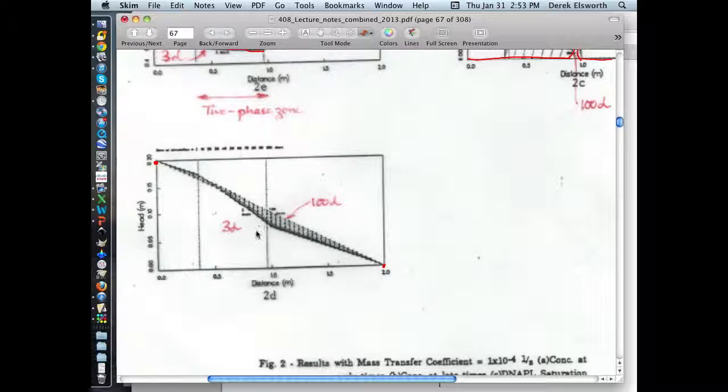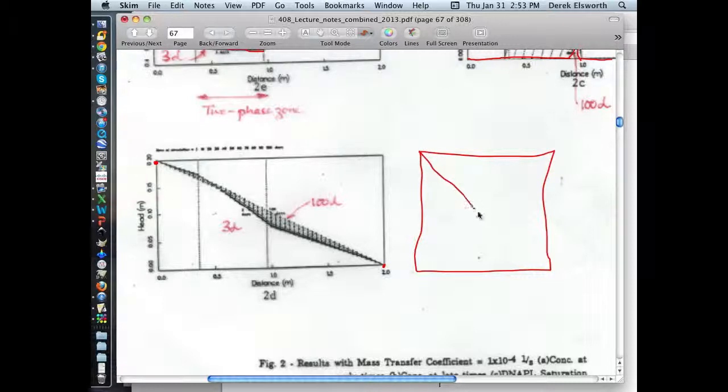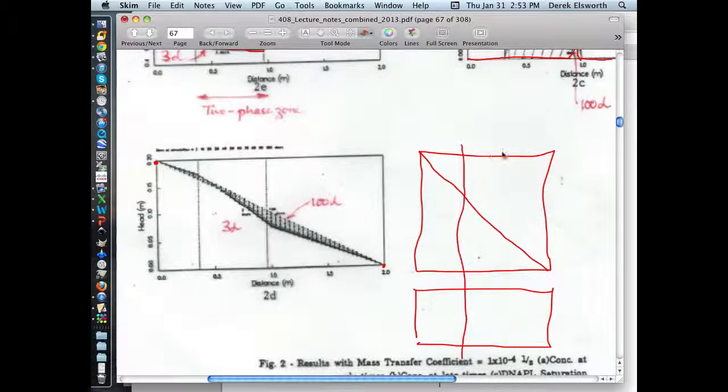Exactly right. If you have a low permeability region in the middle, how do you think it would deviate from a straight line? Right. This is the core.